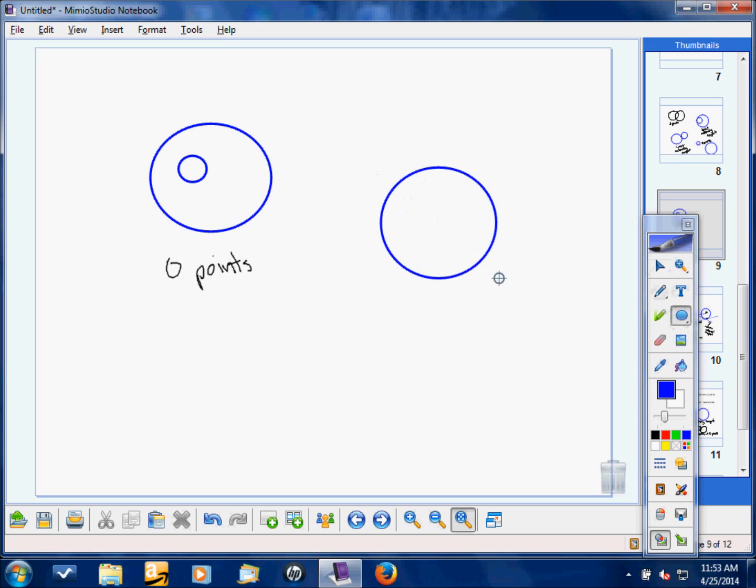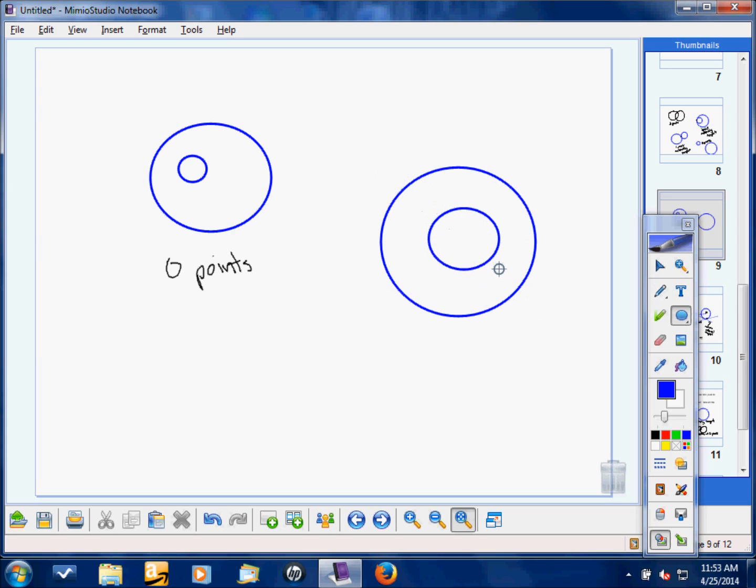If this circle and this circle share the same center, let me move it so that it actually looks like they do. There we go. Each one of those would be called circle P, wouldn't they? Yes. Because they both have the same center, but they're not even congruent, but they have the same name.